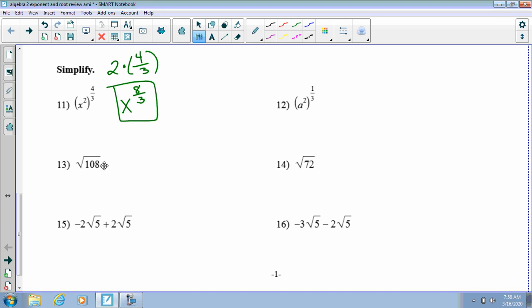So 108 divided by 16. Nope. 108 divided by 4. Yep. Oh, I missed one. I skipped 36. See? Happens to me too. 108 divided by 36. I just skipped that one entirely. So 36 does go into 108.